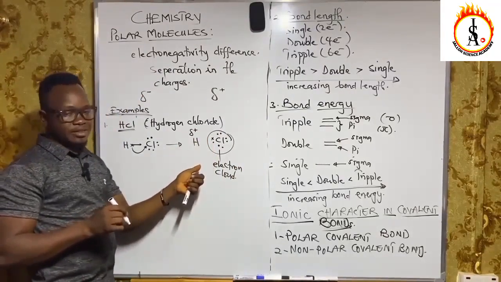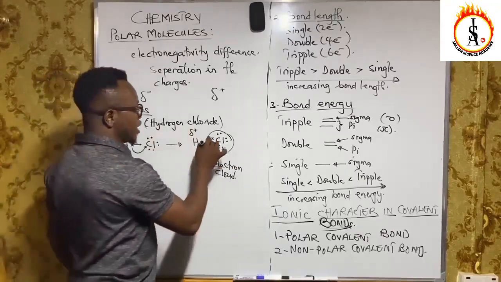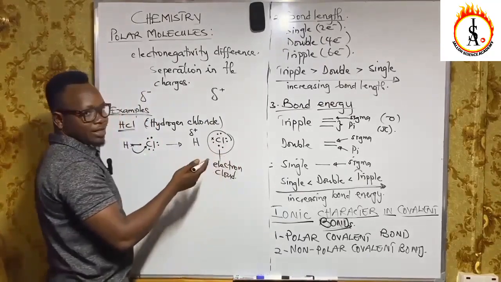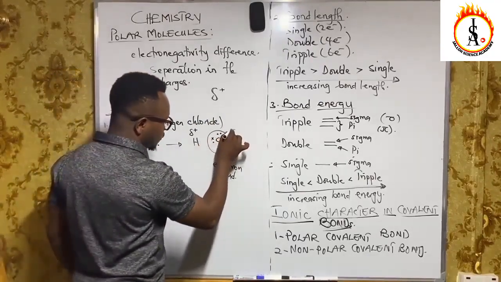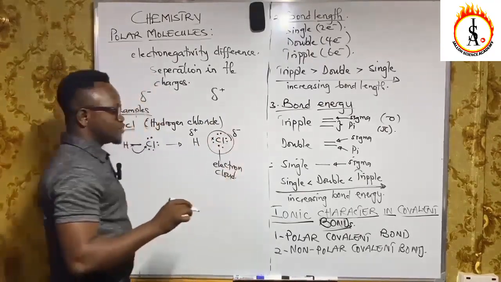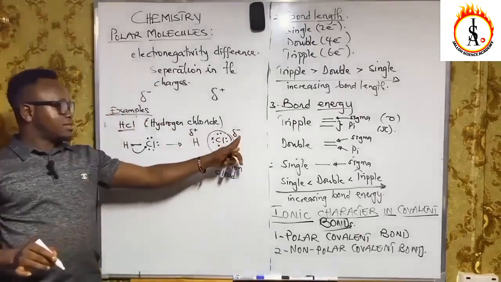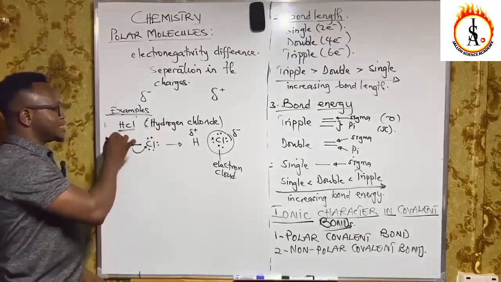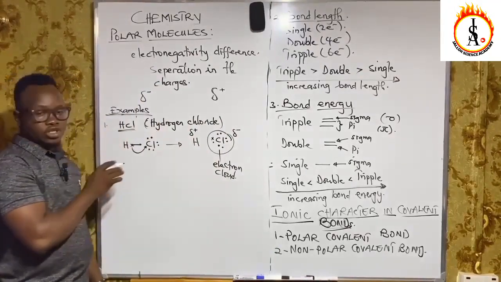It is only the proton that remains, so it gets a positive charge, and here an electron has been added, which brings about the number of electrons outweighing the number of protons. So this gets a formal negative charge. This is delta plus and this is delta minus. So we can therefore say hydrogen chloride is a polar molecule.